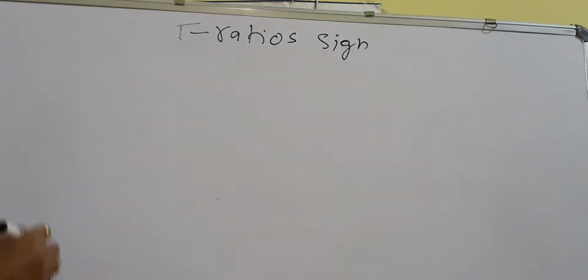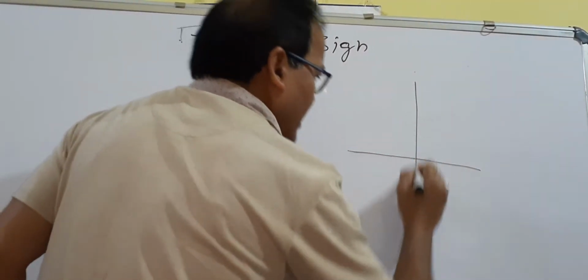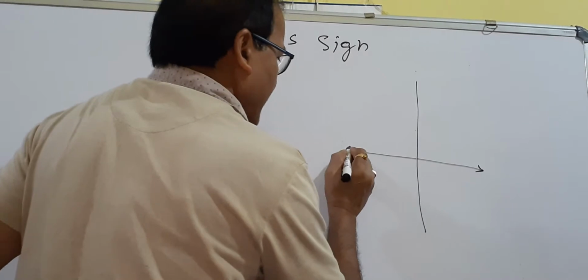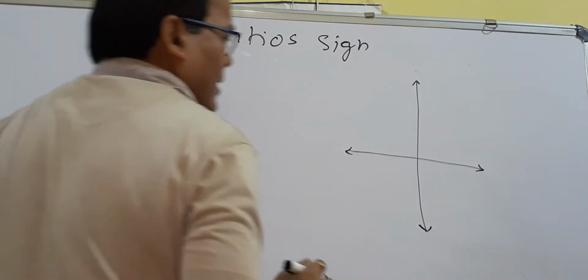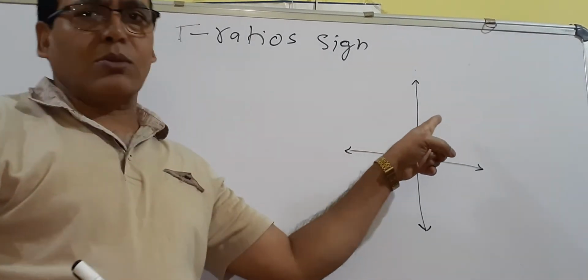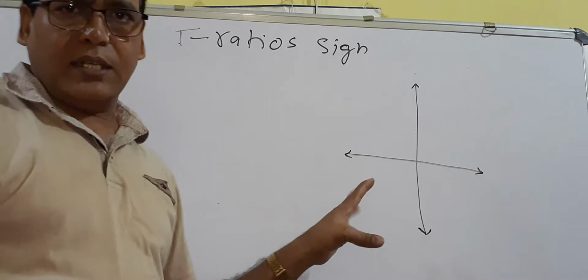So, if there is a quadrant like that, we will put a plus sign. Each part is known as a quadrant. So 1, 2, 3, 4. There are 4 quadrants.